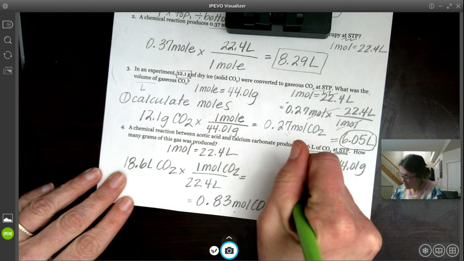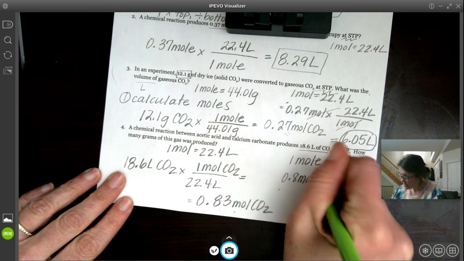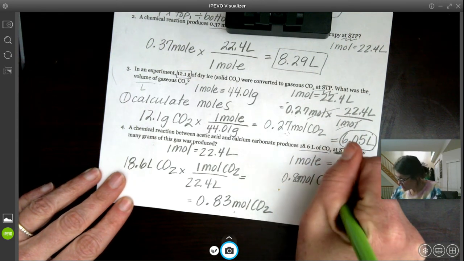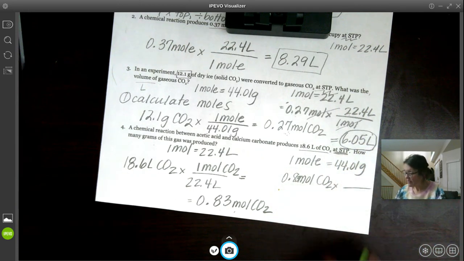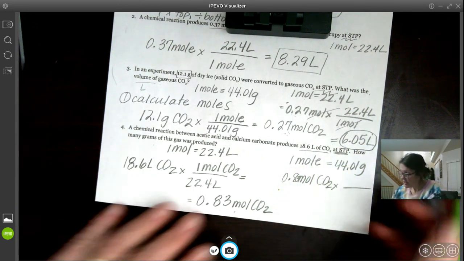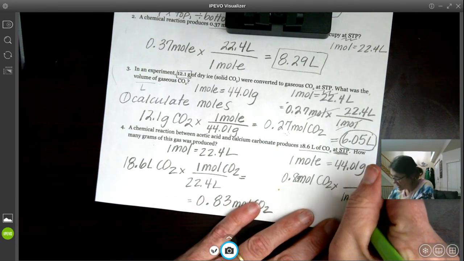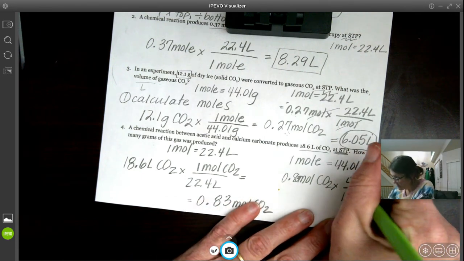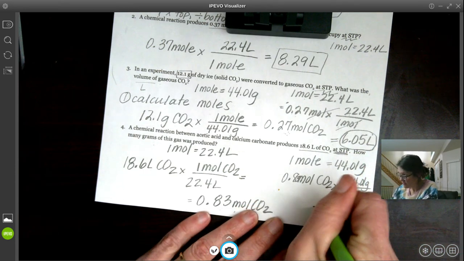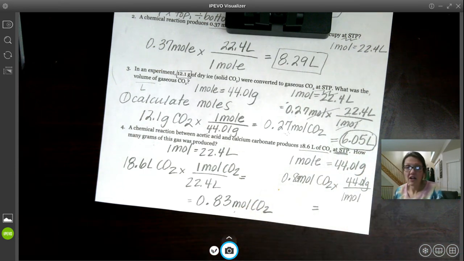And then we're going to take our 0.83, I apologize, moles of CO2, and we're going to multiply it by a fraction using our conversion fact. Now, if I have moles on top, then I want 1 mole on the bottom to cancel the units, and then I can put the 44.01 grams on top. Then again, all I have to do is the math.